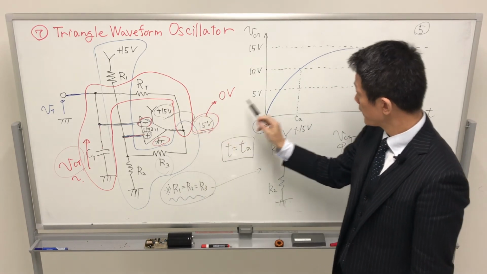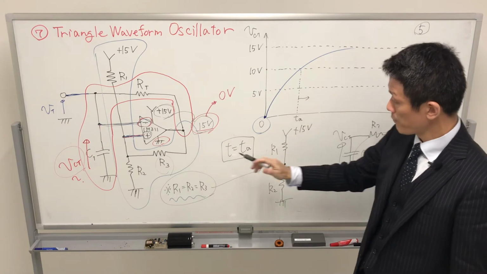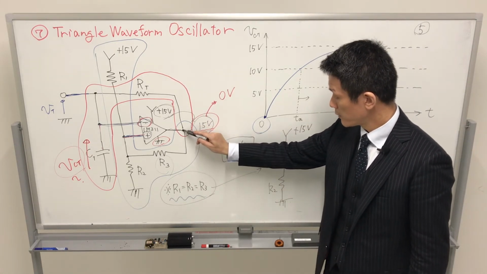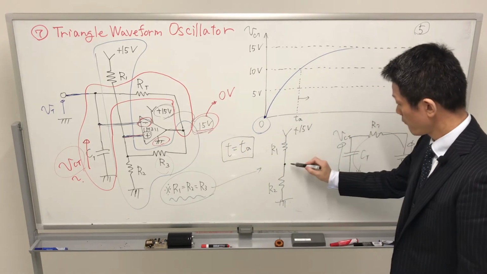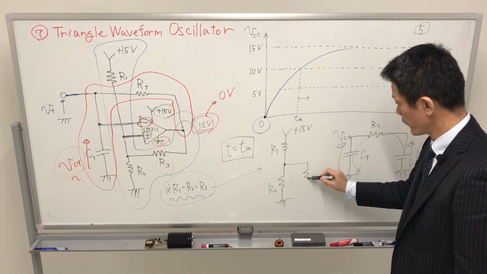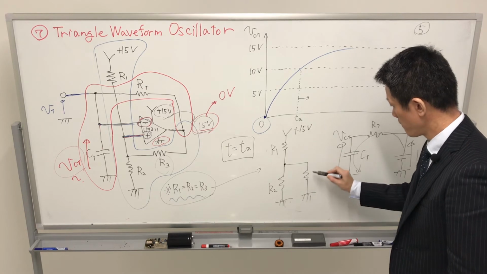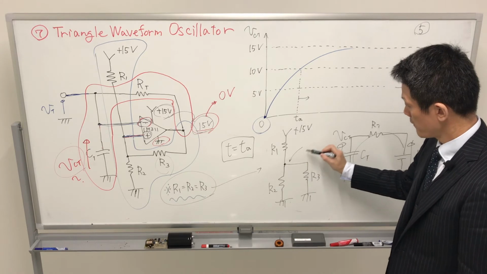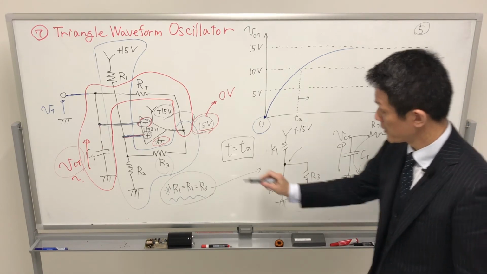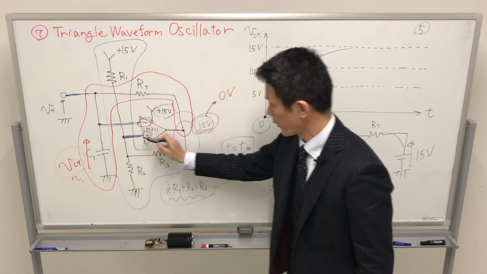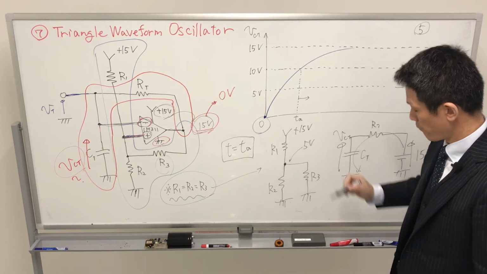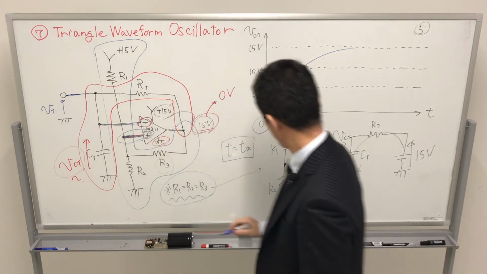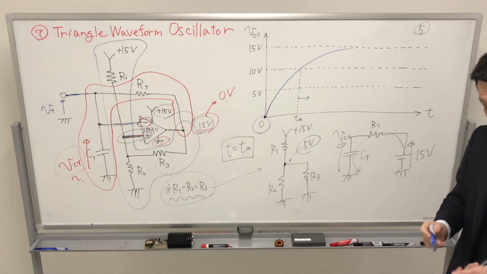However, over this term it changes to zero, so this terminal goes down to zero. So this point voltage is 5 volt. This line is the 5 voltage. Okay?